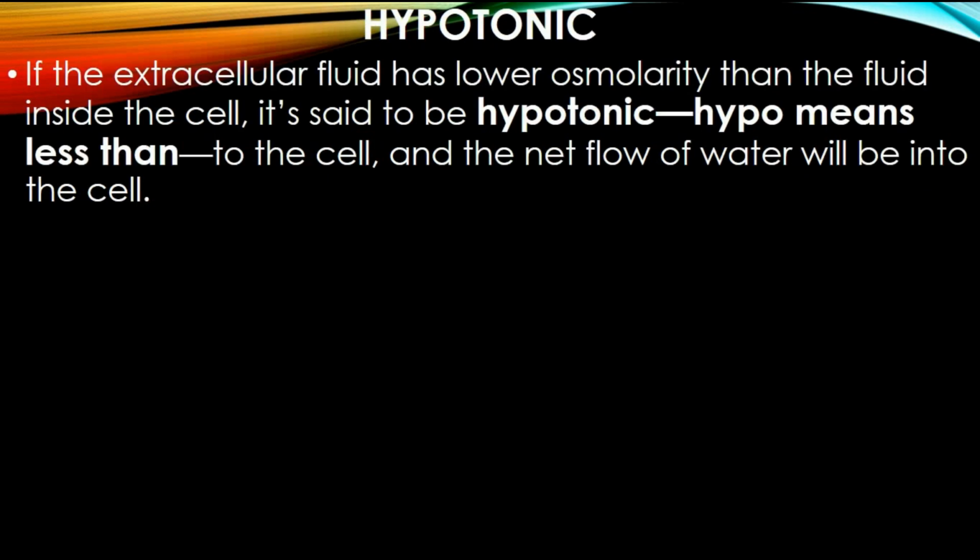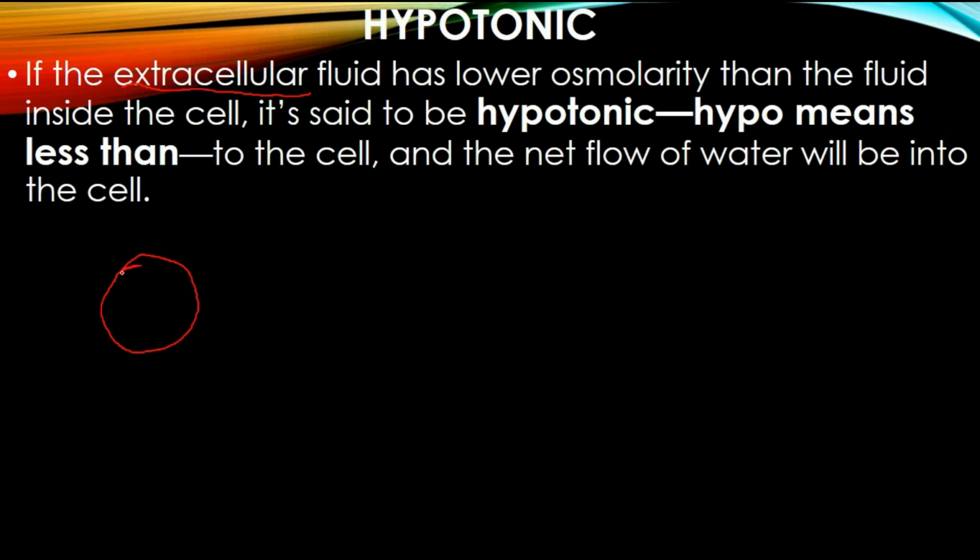Let's move on. So the first tonic we're looking at is hypotonic. Now, if the extracellular fluid has lower osmolarity than the fluid inside the cell. Now, extra means anything that is outside. So if I use the word extra in front of something, it means that it does not necessarily belong there, but it is added there.